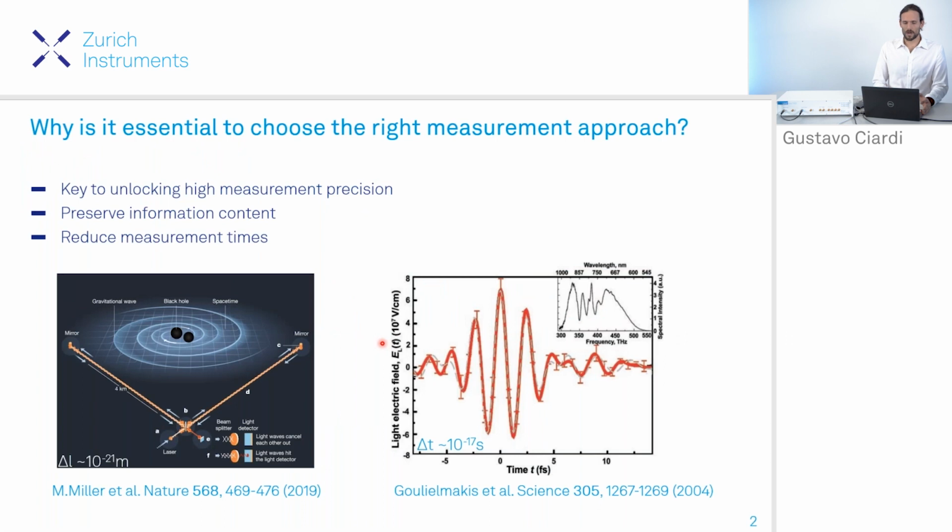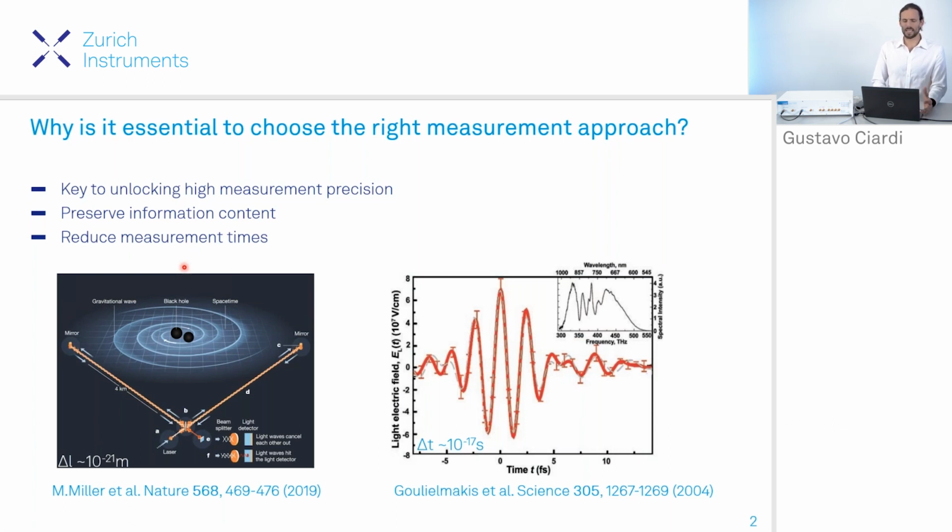So I would like to start by motivating why it is essential to choose the right measurement approach. Well, in a way, the reason is quite obvious. Proper signal analysis is key to achieving high measurement precision, preserving information content, and reducing measurement times.